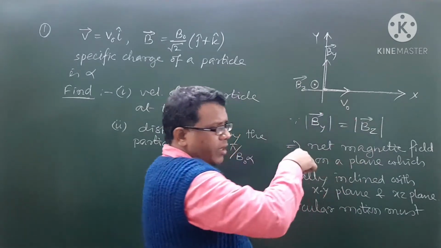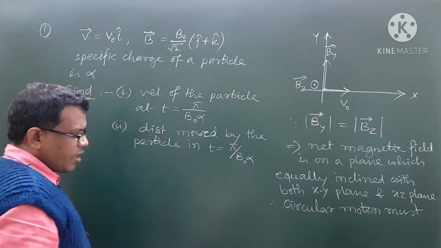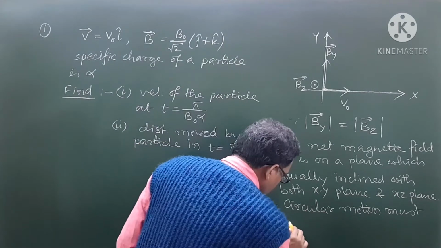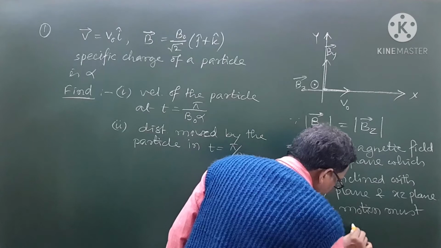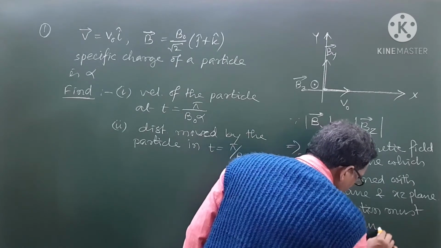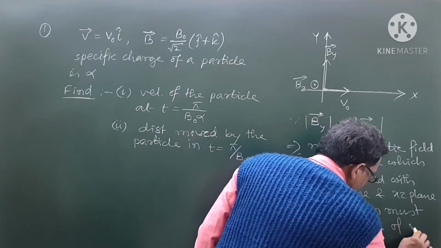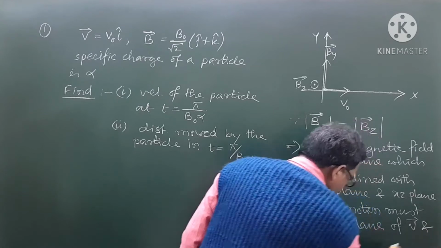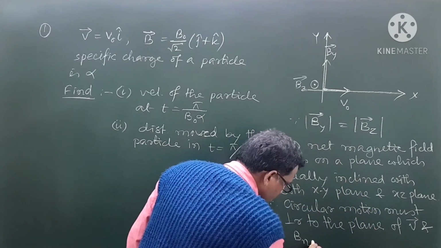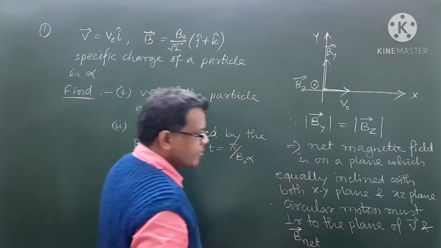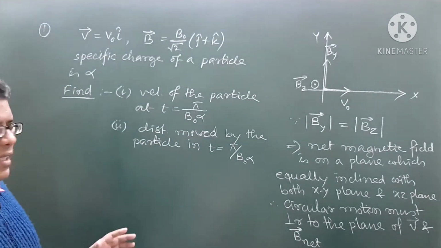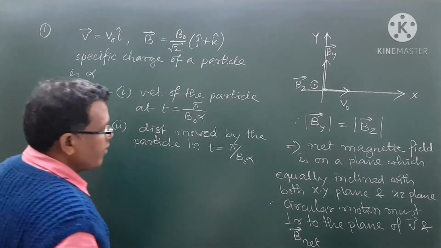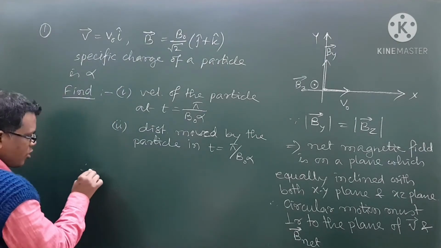So the charged particle will start moving on a circular path. The circular motion must be perpendicular to the plane of the velocity vector and net magnetic field vector. It will be perpendicular to both the velocity vector and the net magnetic field vector. So the circular motion will take place.